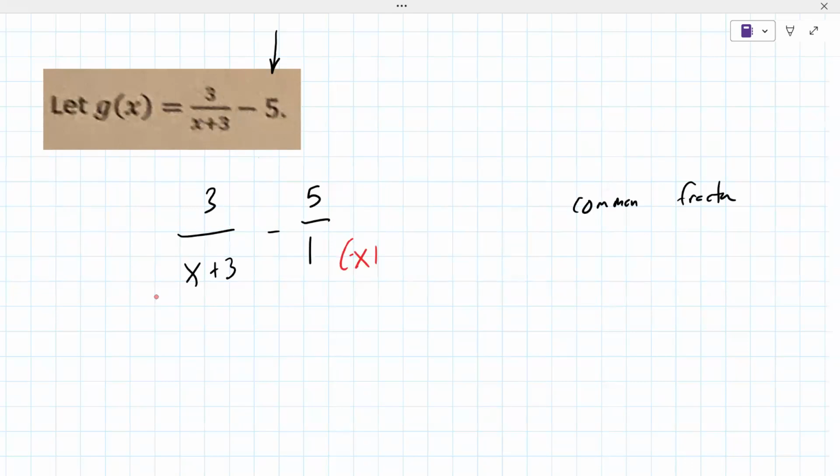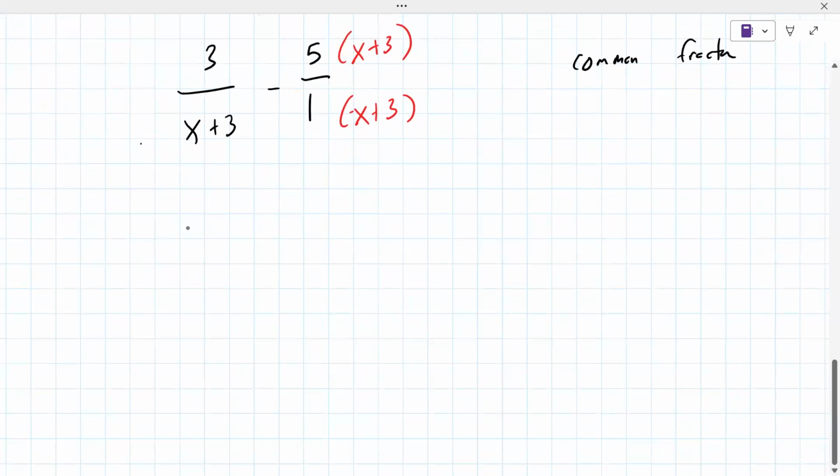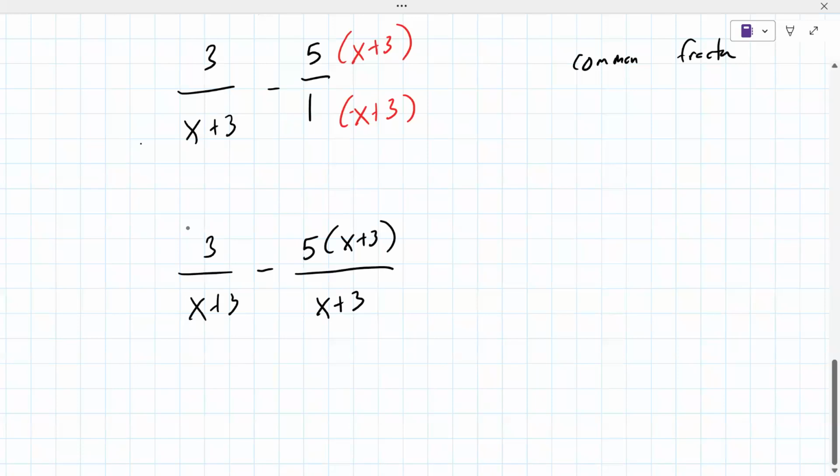That's what you multiply the top and bottom by. So it's 3 over x plus 3 minus 5(x plus 3) over x plus 3. Is that clear?